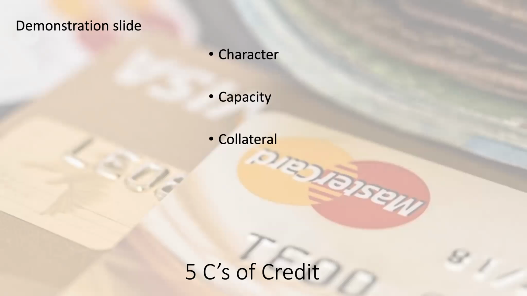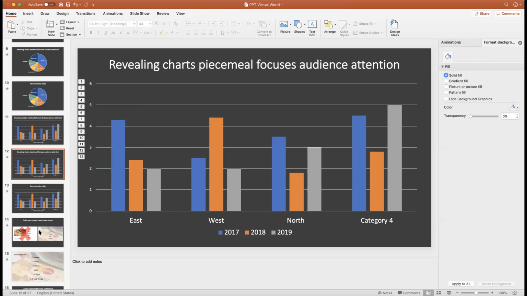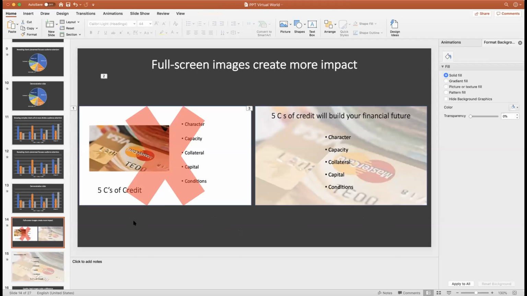So we gave you a little insight on how to include images and make them bleed to fit the full screen. A word of caution. Now I went past that slide a little bit too quick. Let's come back to this slide.